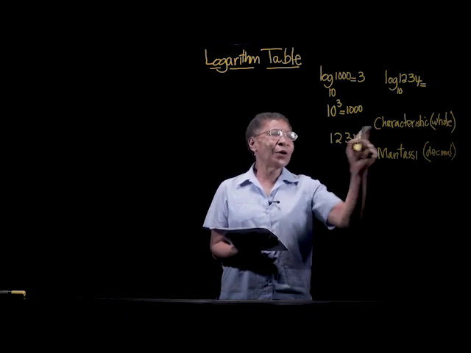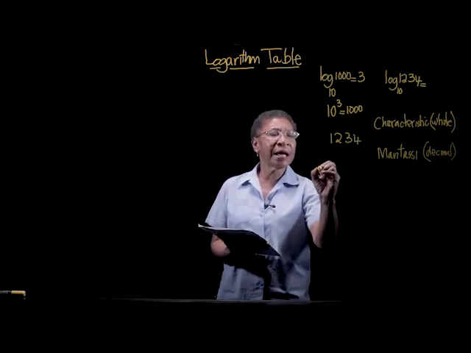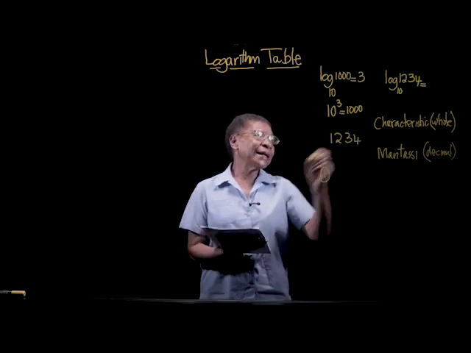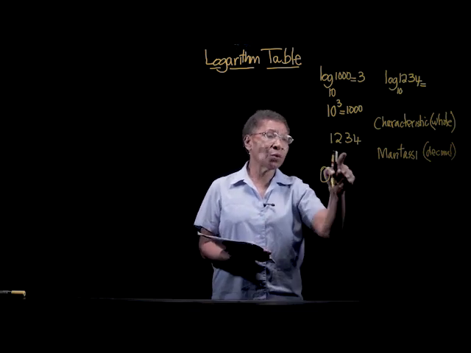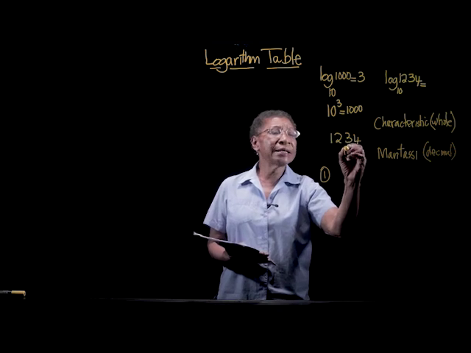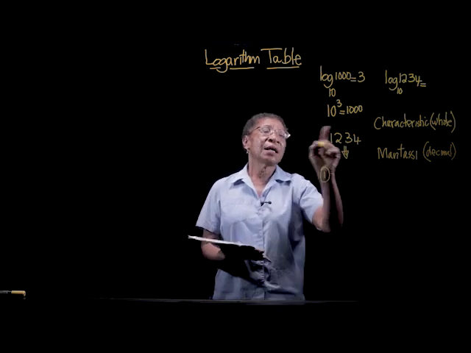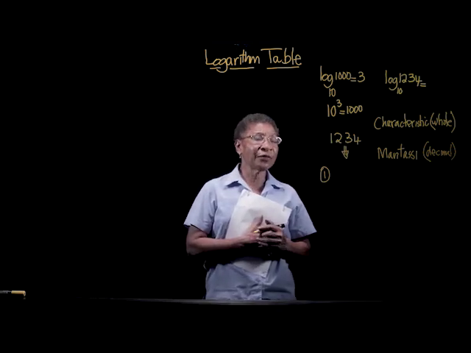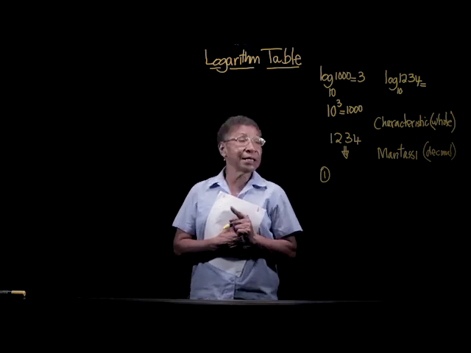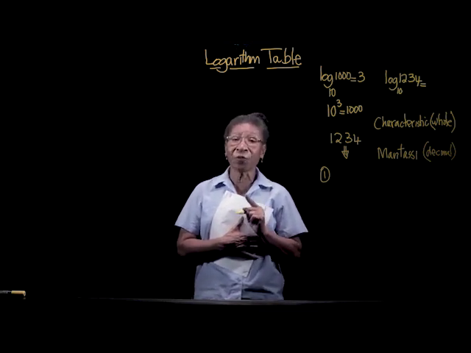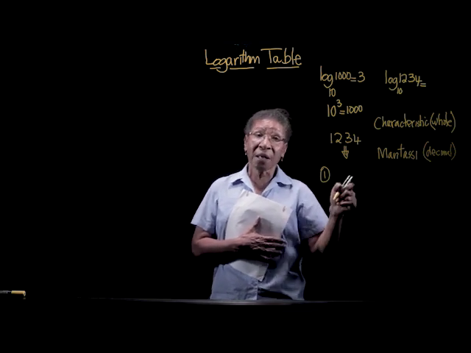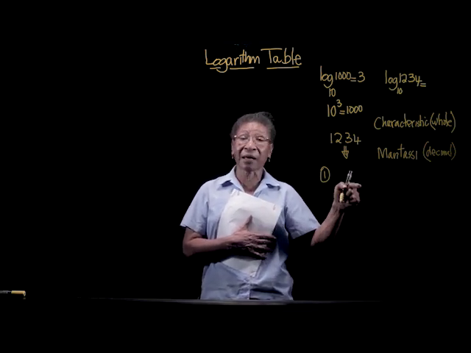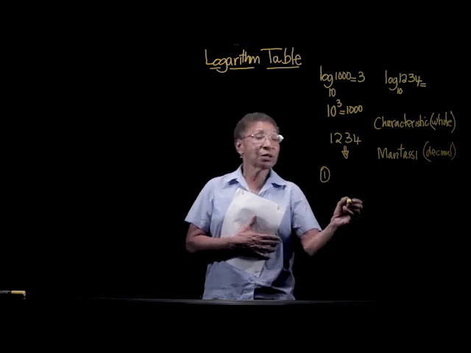First, step number 1: get the whole number value. To get it, I write 1,234 in scientific notation form, which means it has to be multiplied by 10 raised to a power.